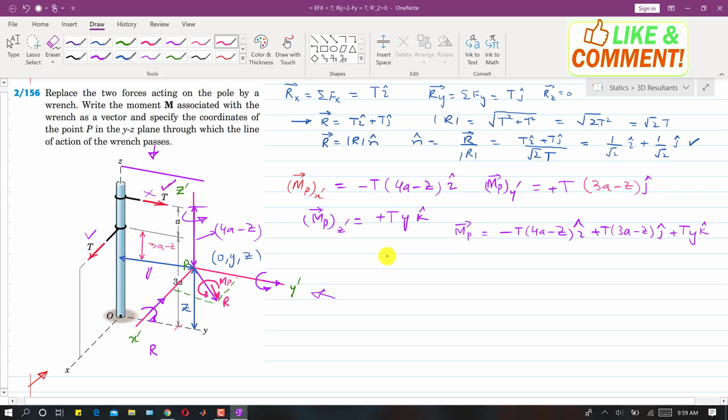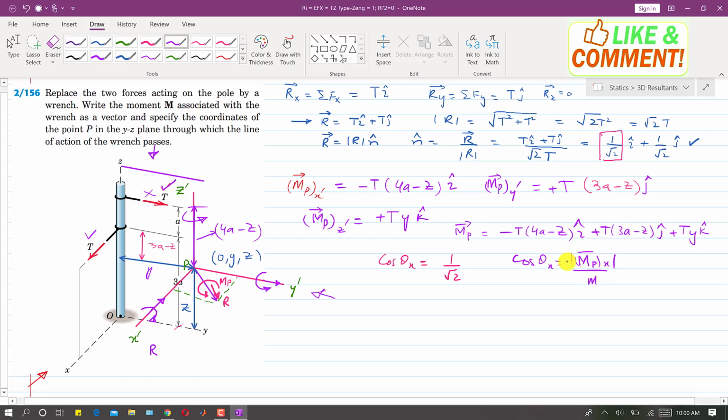So the direction cosines are cos theta x. Cos theta x of the resultant is this, so we can write that this is 1 by square root 2, and cos theta x of MP. As we know, the direction cosine is the component magnitude divided by the total magnitude.